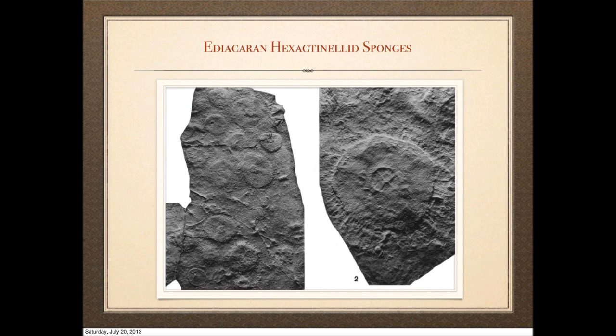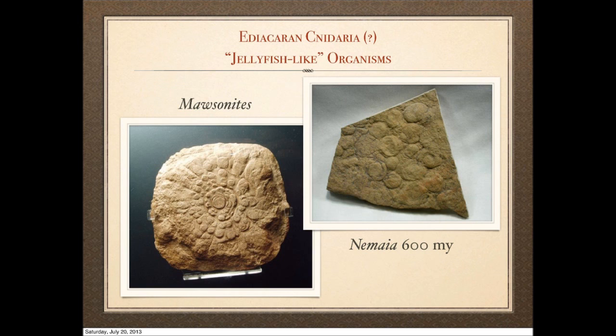And later in the Ediacaran, we have other body fossils of sponges representing different subgroups within the sponges, such as these hexactinellid sponges or glass sponges. We also have cnidarians appear in the Ediacaran. This is still latest Precambrian. And cnidarians include things like jellyfish, sea anemones, corals, hydrozoans. Those all belong to the cnidaria.